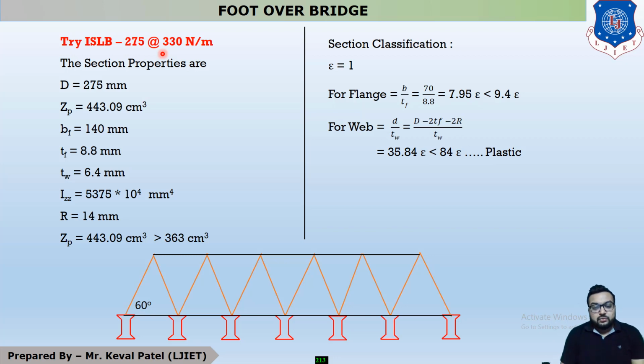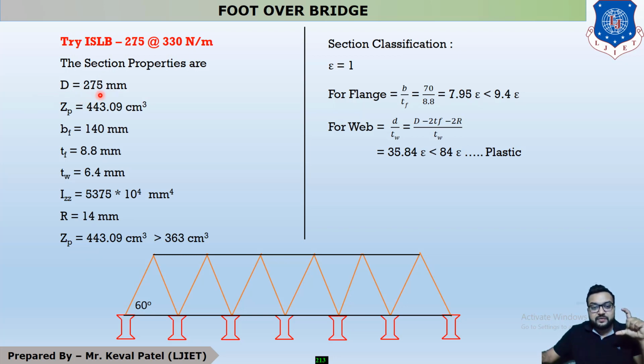So let us try our first section, and after selecting the section, first of all we have to classify the property of the section. For this section, all these values are found from the steel table. Your first value is capital D, also called the depth of section.